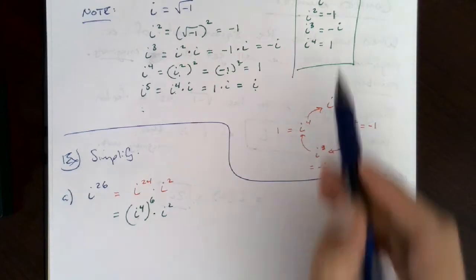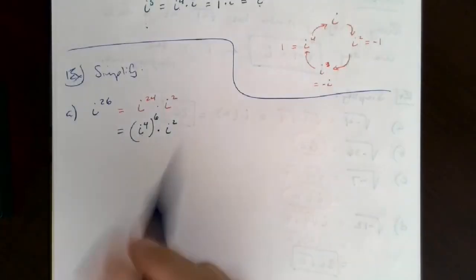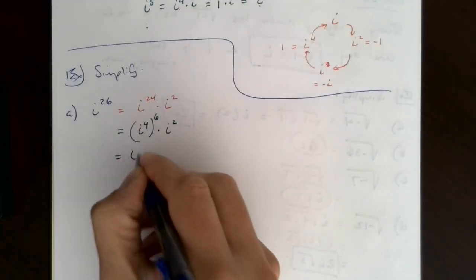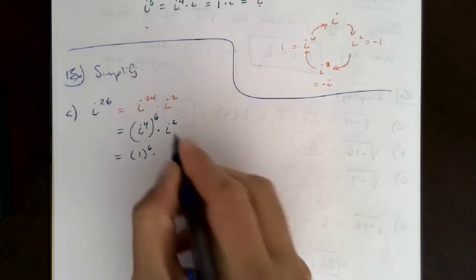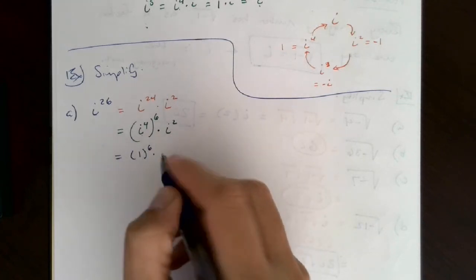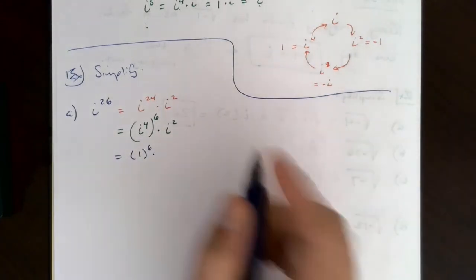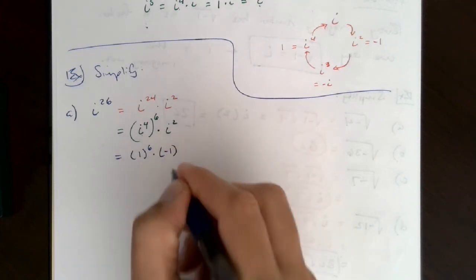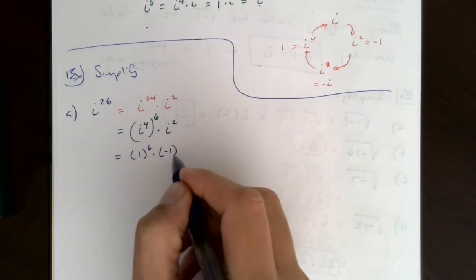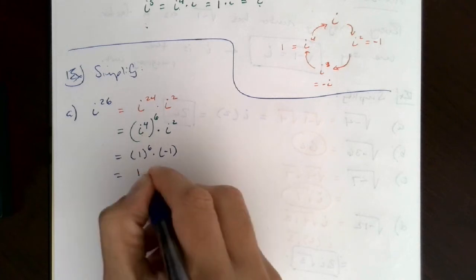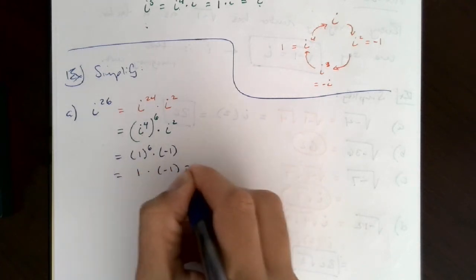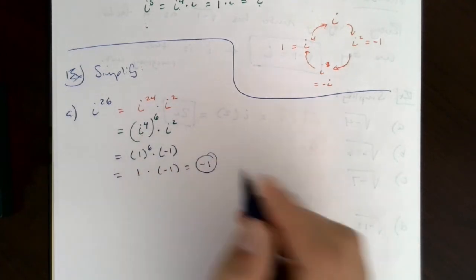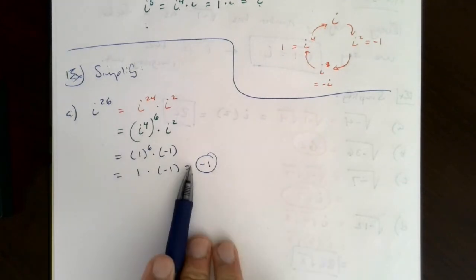Anytime you have i to the fourth, that's equal to 1. So this is really 1 to the 6th power times i squared. Well, what's i squared simplified to? i squared is negative 1. That's something you should know. So I got 1 to the 6th times negative 1. Well, 1 to the 6th is just going to be 1, times negative 1, which equals negative 1. So i to the 26th power is equal to negative 1.